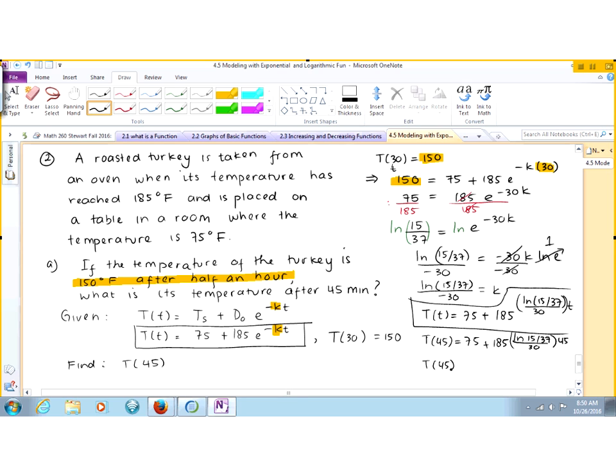These are all the exponents. What is T of 45?